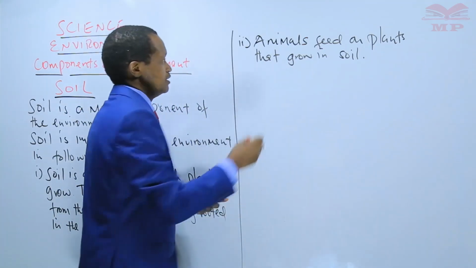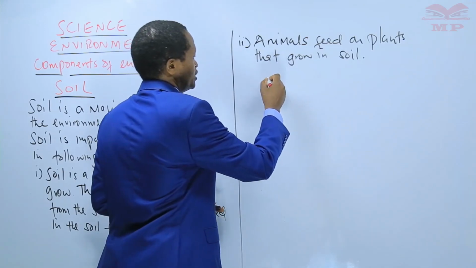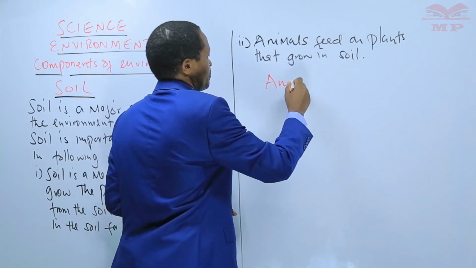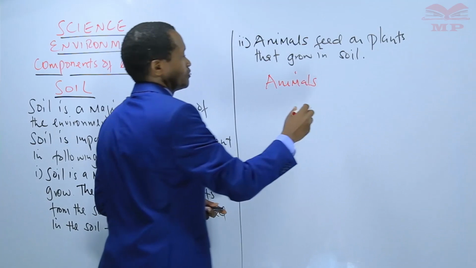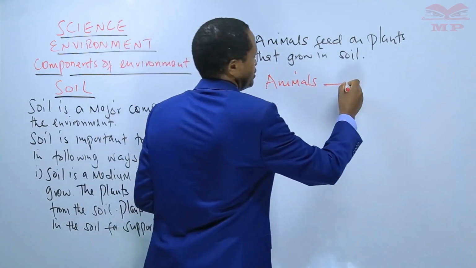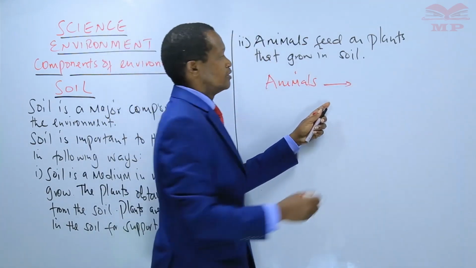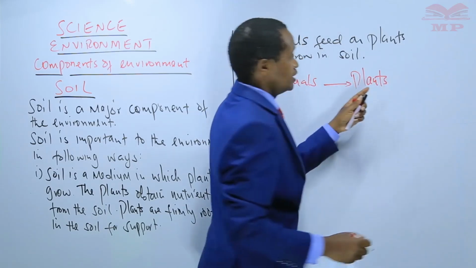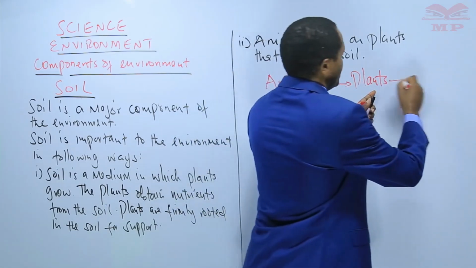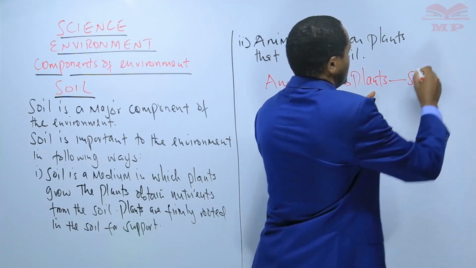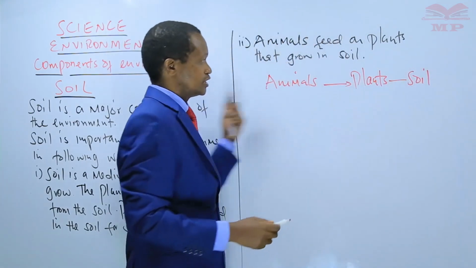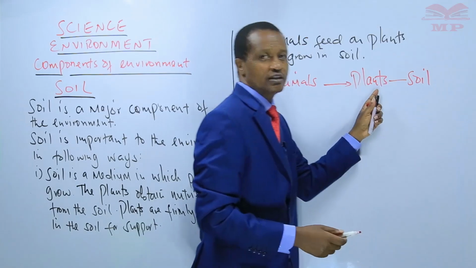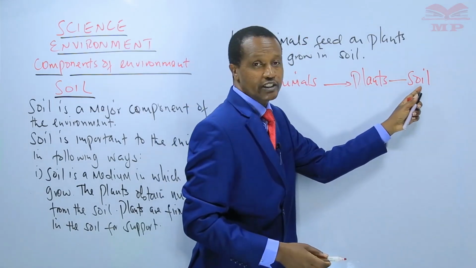If I was to demonstrate here, we have animals here. These animals feed on plants. And these plants are supported by soil. We saw in point number one that plants get their nutrients from the soil.